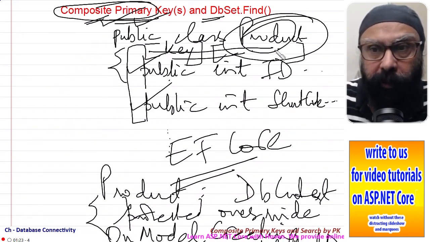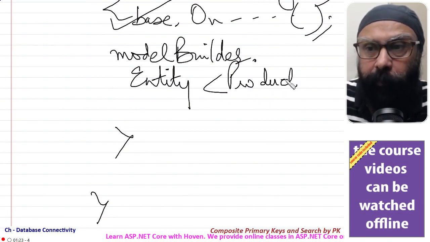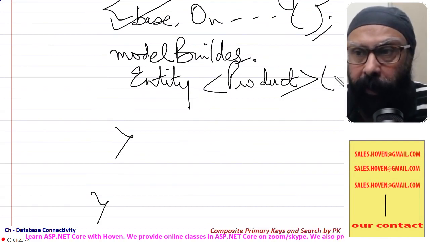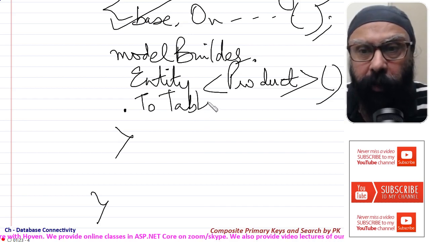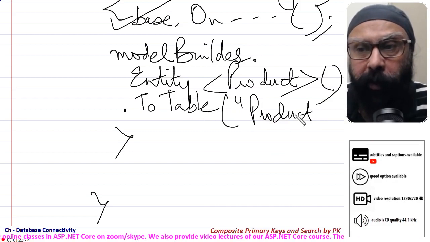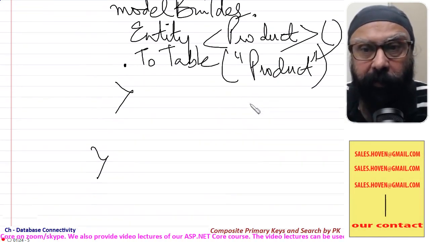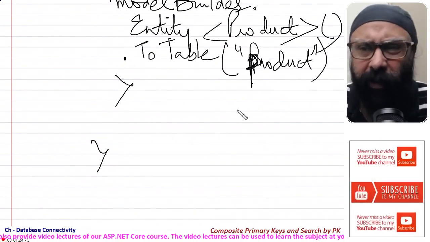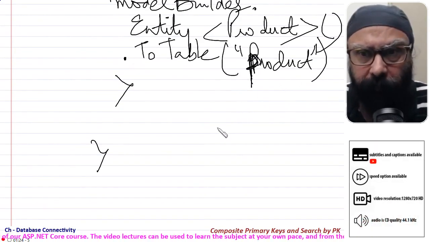For this Product, so modelBuilder.Entity<Product>, and here we just give a name to the table with ToTable. The table in the backend database will be called product or tblProduct or whatever you like. We'll keep it p small because it's convention. Everybody has their own convention, so we keep it small, product, for table names.